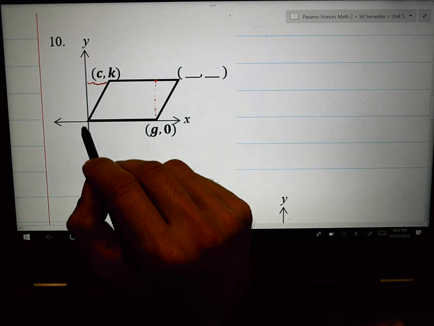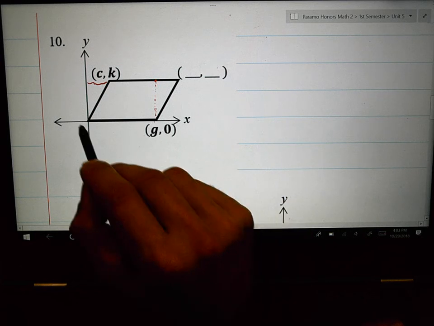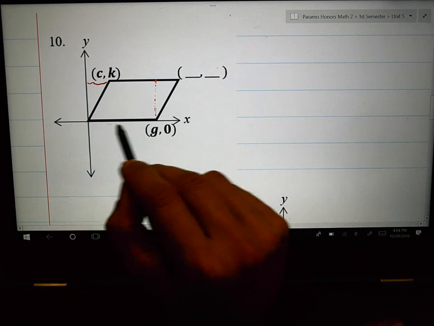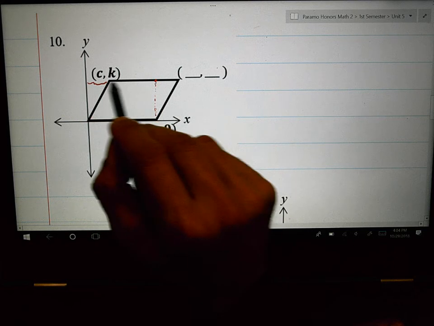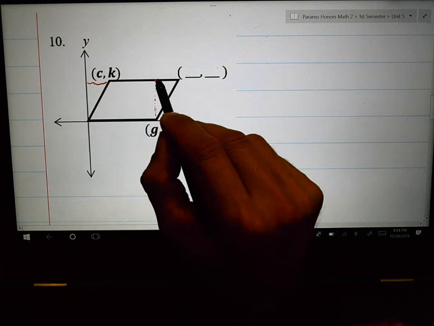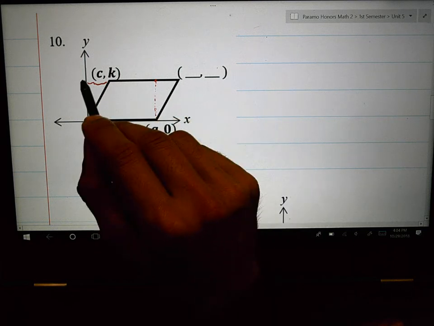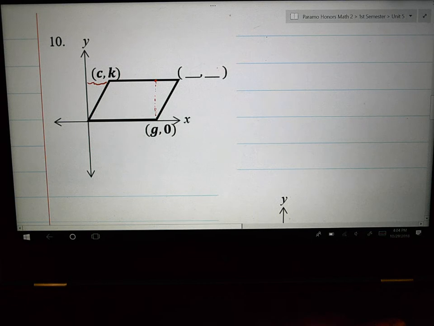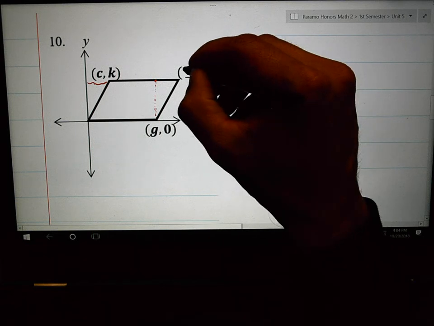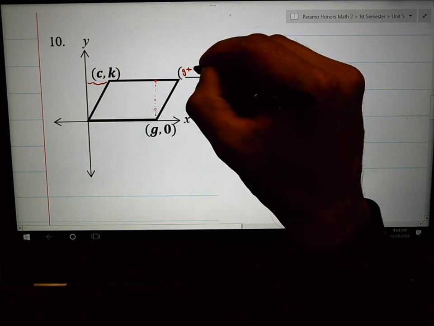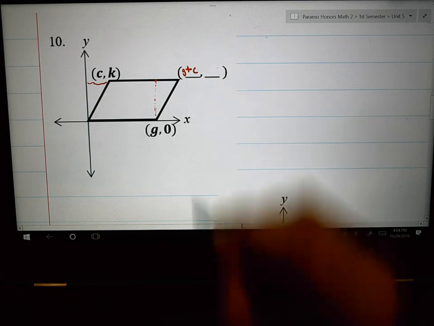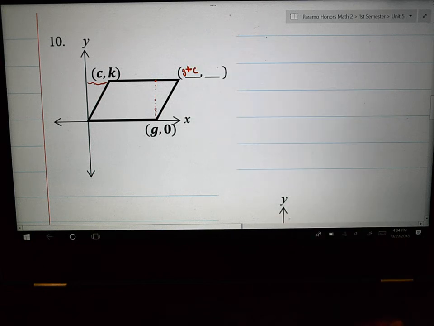G is the distance from this corner over to here. So this bottom distance is G units, and that little distance is C, so they've gone this far past G units. What does that mean our x coordinate is? It means this is G plus C, or I would accept C plus G, same thing.